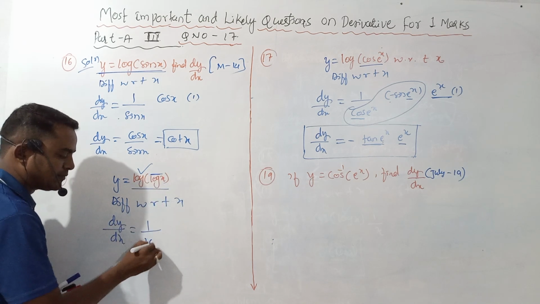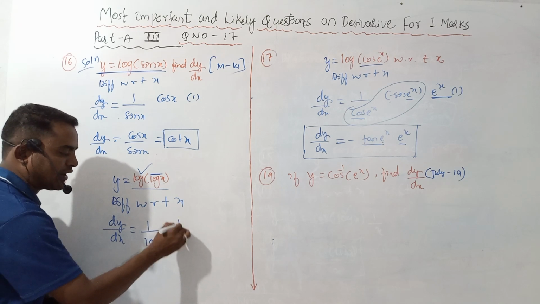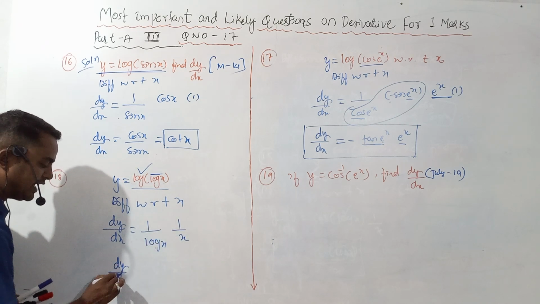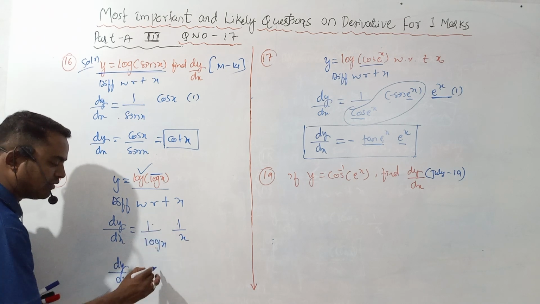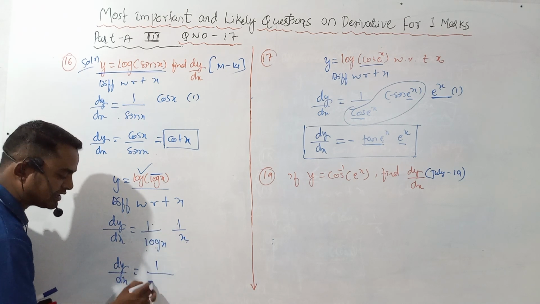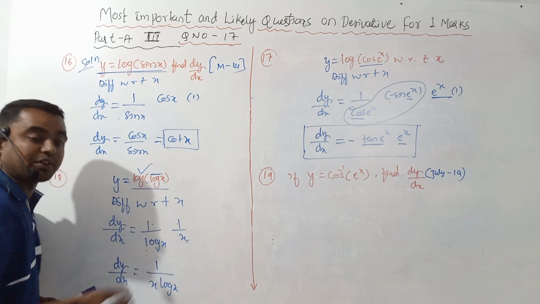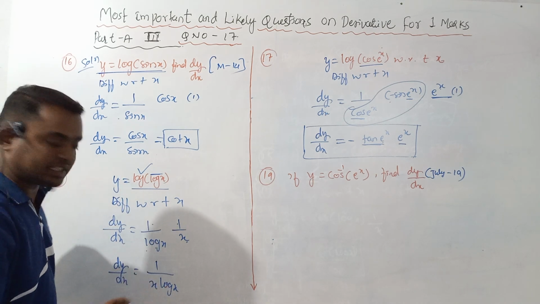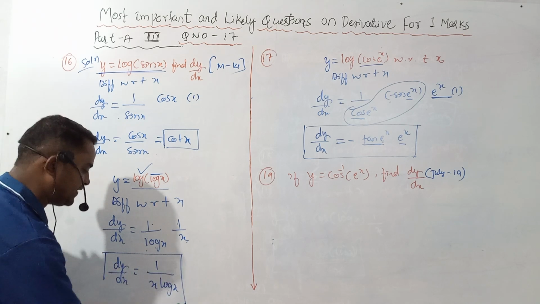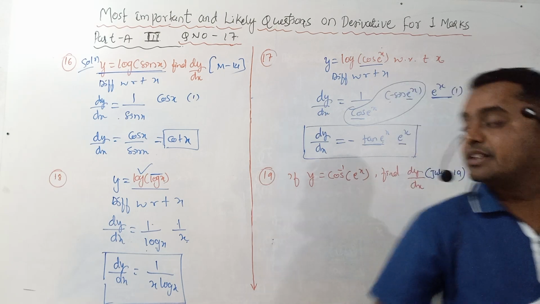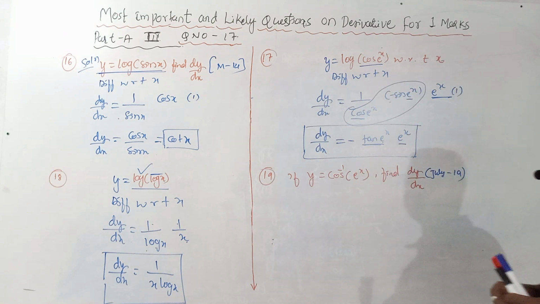Log x. Derivative of log x is 1 by x. Now dy by dx is equal to 1 into 1, 1, over x into log x, x log x. Don't multiply x into x square. X into log x, x log x. So this is the final answer.